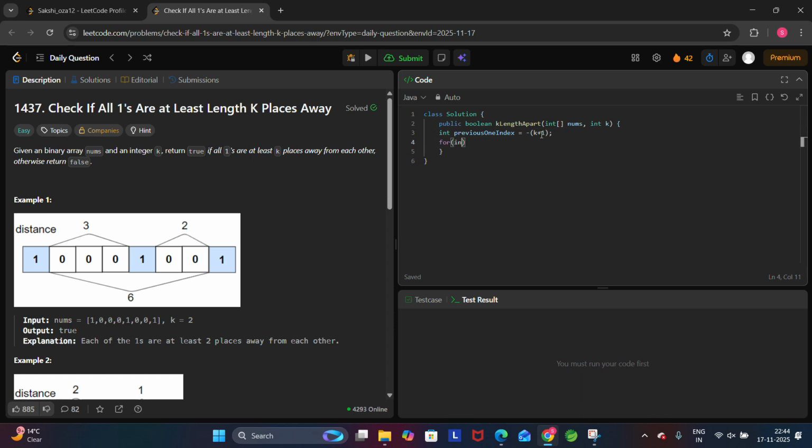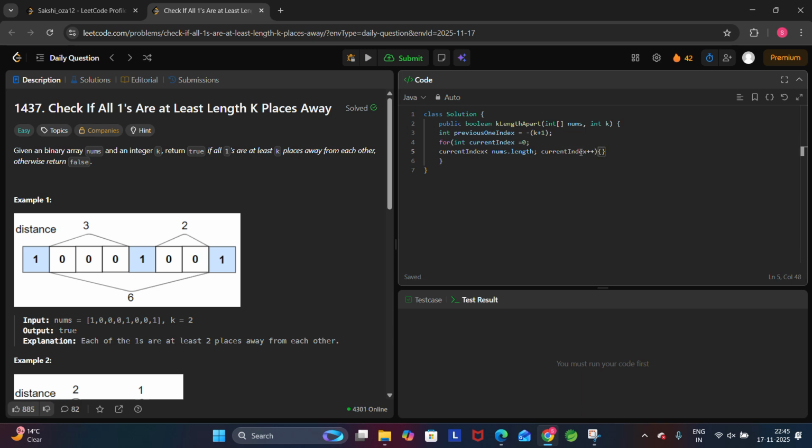After that, for int currentIndex equals to 0, currentIndex less than nums.length, and currentIndex plus plus, which is going to be incremented.